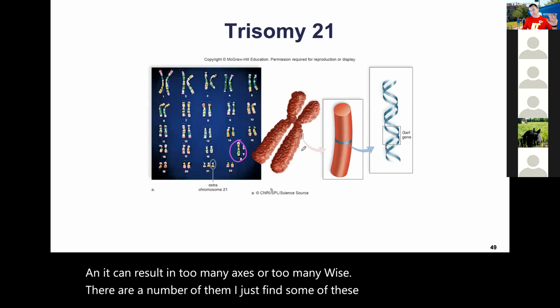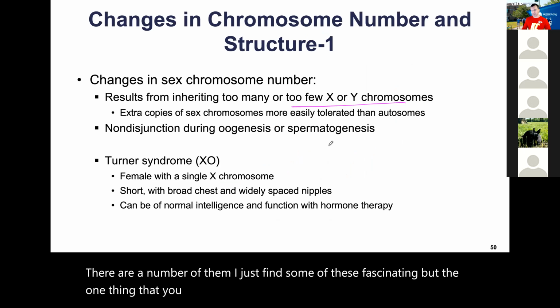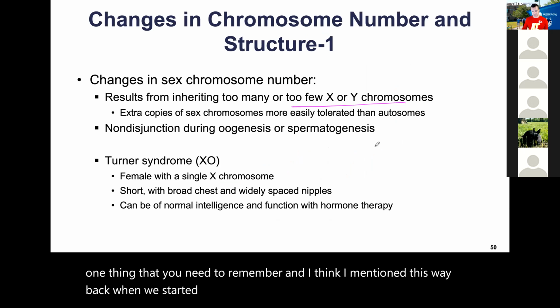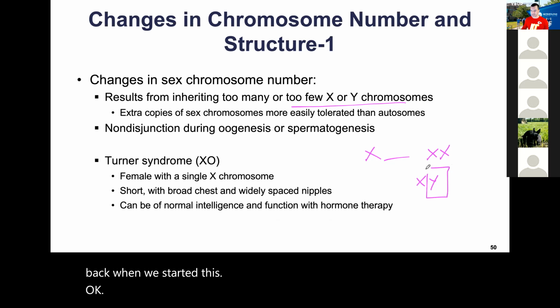But the one thing that you need to remember, and I think I mentioned this way back when we started this: all you need is a Y. As soon as you see a Y, you know it's a guy.